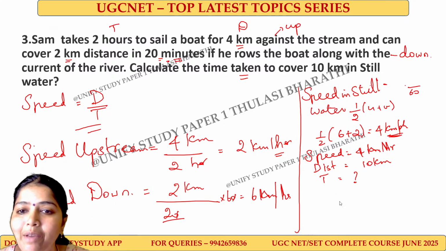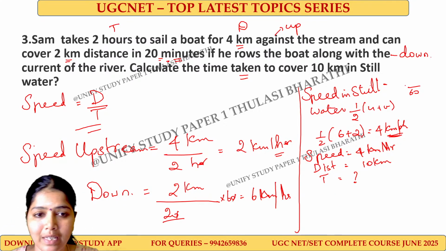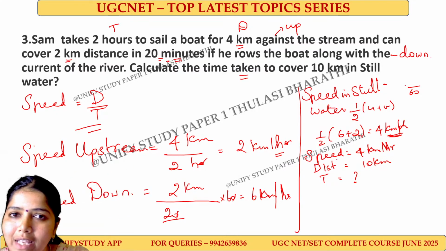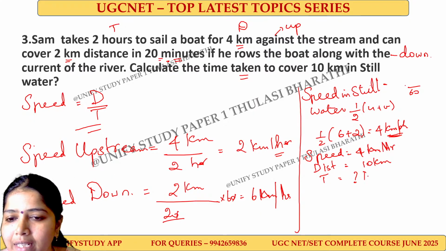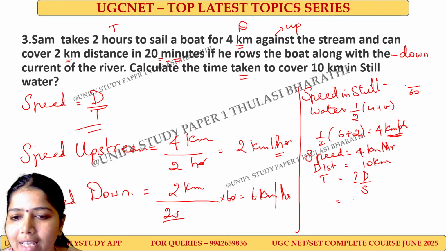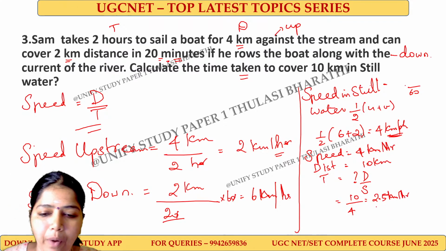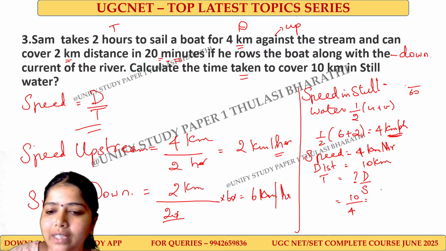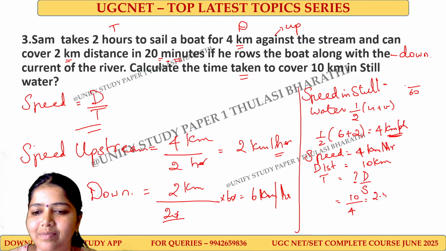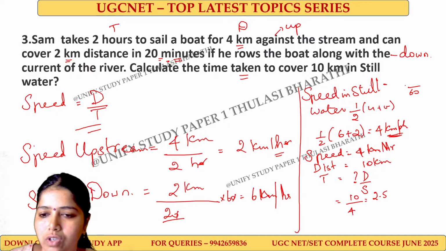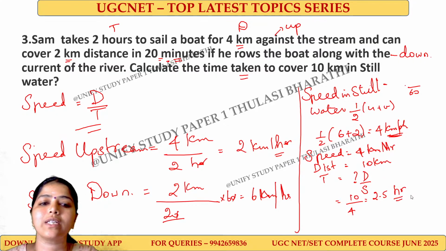Speed is equal to distance divided by time, so time is equal to distance divided by speed. That is 10 divided by 4, which is 2.5 hours. You got it?